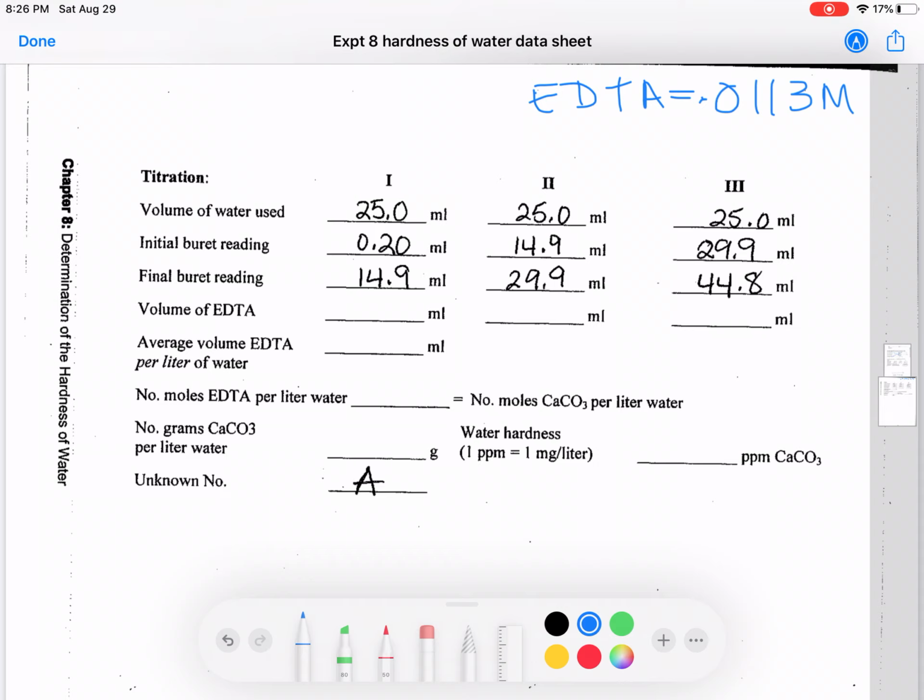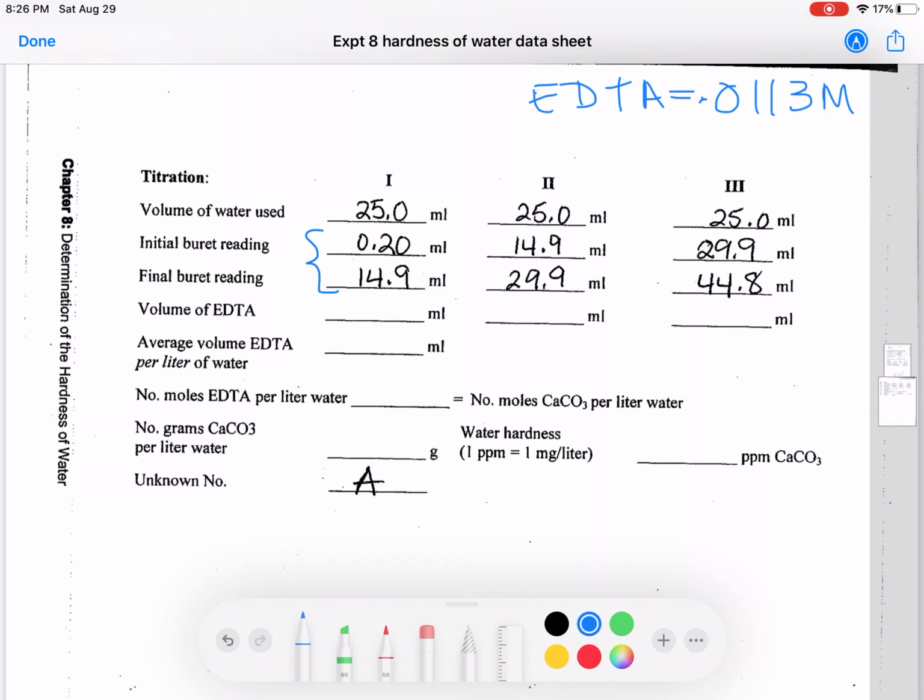So we are given the final burette readings. How do you find out the volume of EDTA? It's quite straightforward and easy. You take the difference between these two: 40.9, you subtract the initial burette reading. A burette is a device with which you can measure volume very accurately.